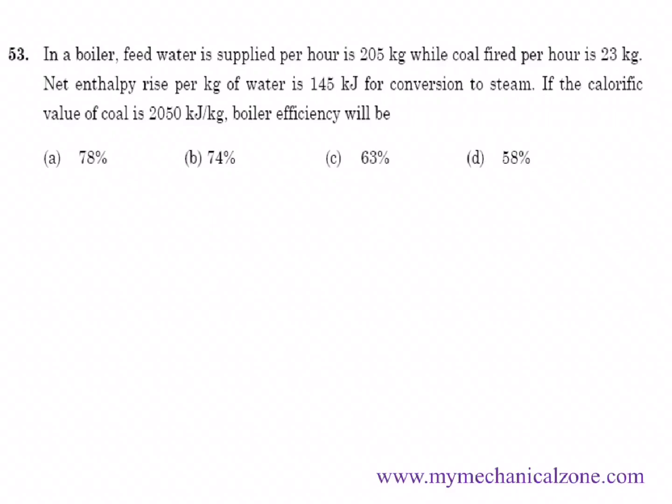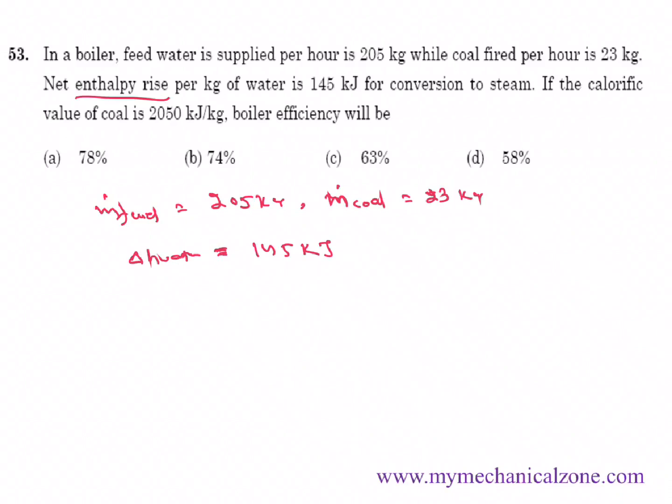Mass of fuel, it's 205 kg, mass of coal is 23 kg. Delta H of water, enthalpy rise per kg, kilojoule, this is for kg. CV of coal is, this is also per kg.